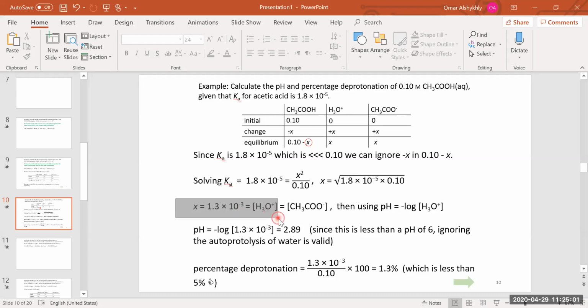That amount represents the H3O+, which also equals the CH3COO negative. Then we use pH equals minus logarithm of the concentration of H+, or H3O+, and that gives us 2.89 as the pH.